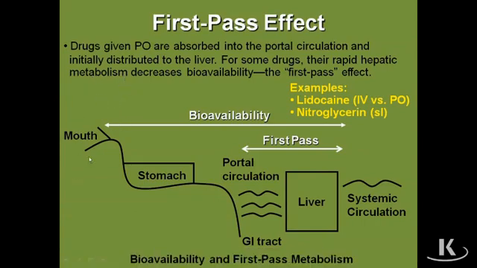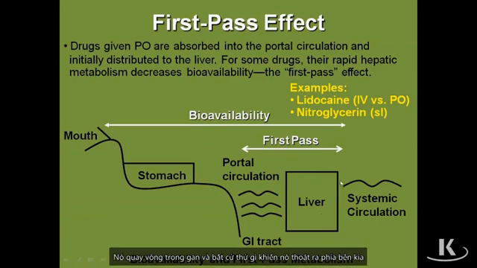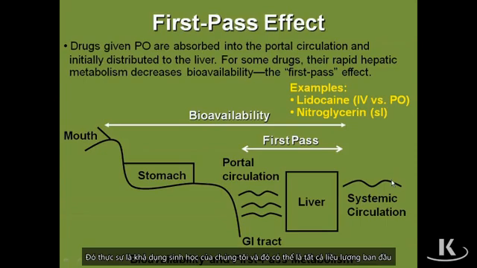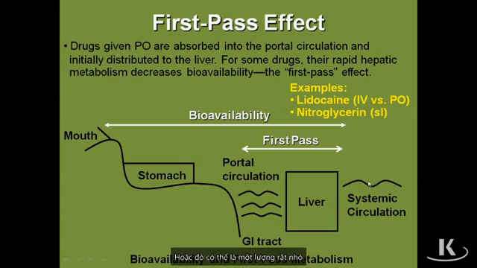And so when you look at the visual that's shown here, again, by mouth, the drug goes into the stomach, makes its way into the portal circulation, it gets churned around in the liver, and whatever makes it out the other side, that really is our bioavailability. And that could be all of the dose originally, or that could be a very small amount of the dose originally. Two examples here. The first one is lidocaine.